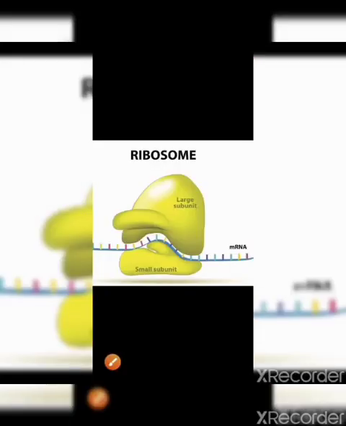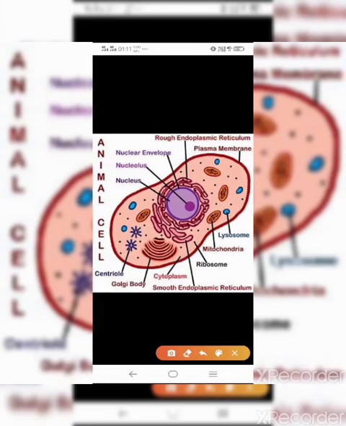Next figure in front of you is the ribosome. Ribosomes are small granule-like structures, either scattered in the cytoplasm, as you can see in the figure, or attached to the outside of the endoplasmic reticulum.